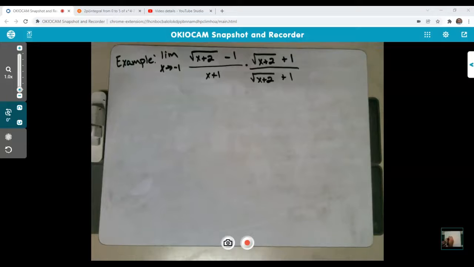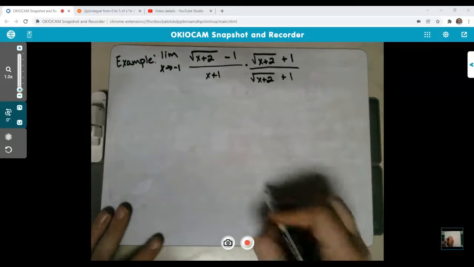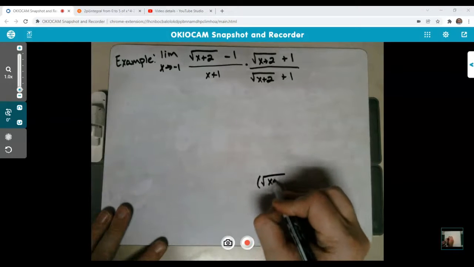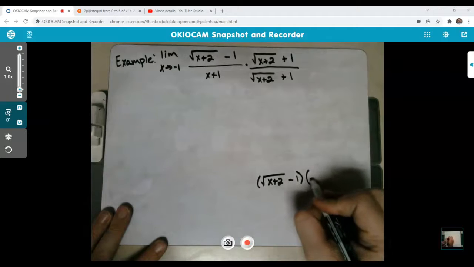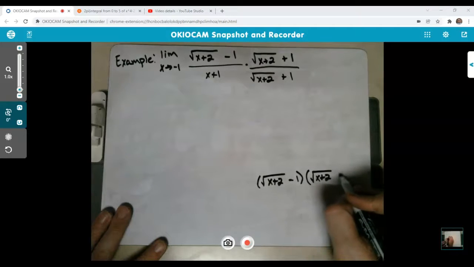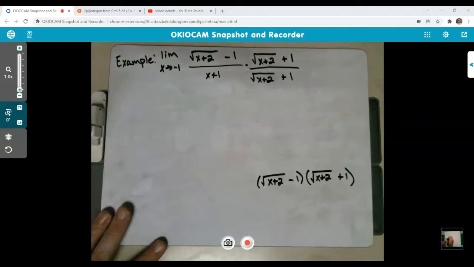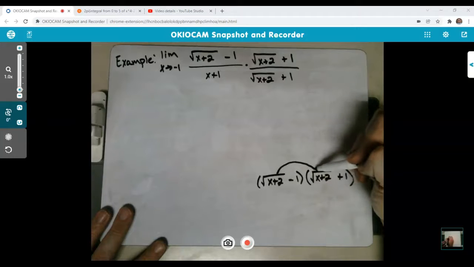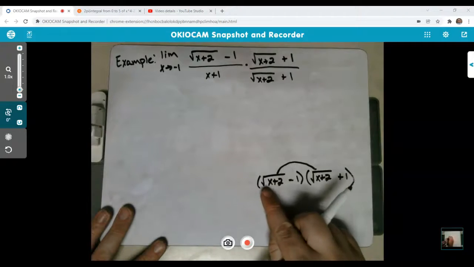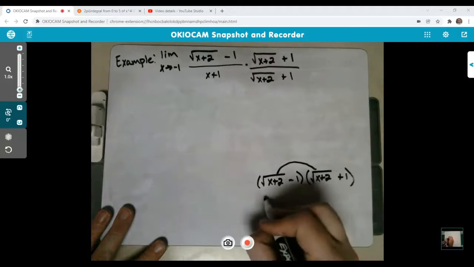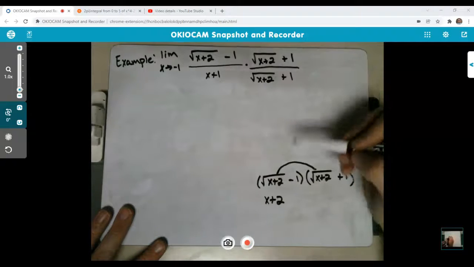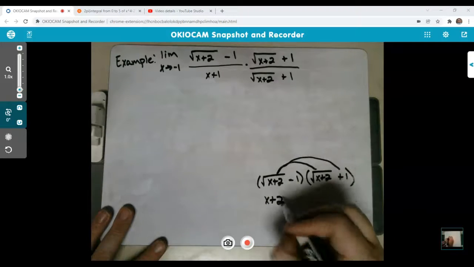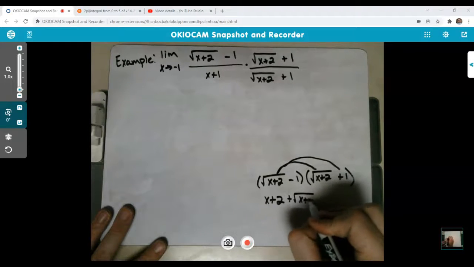So square root of x plus 2 plus 1. Now let's see why that's a good thing, okay? If I did the square root of x plus 2 minus 1 times the square root of x plus 2 plus 1, what happens is I do the square root of x plus 2 times the square root of x plus 2. Since that's like doing a square root squared, I just end up with x plus 2. Square root of x plus 2 times 1 is plus the square root of x plus 2.